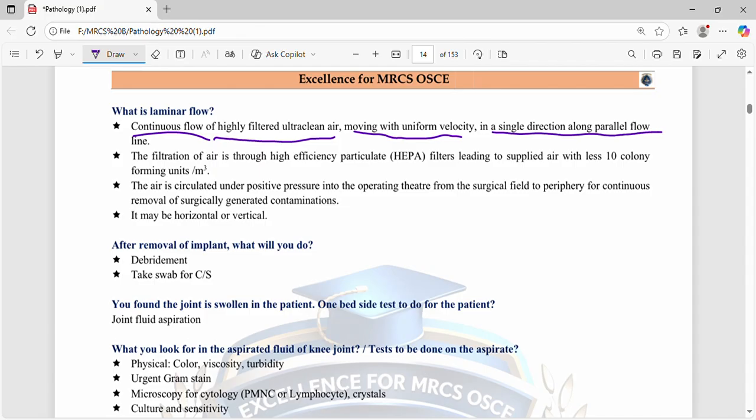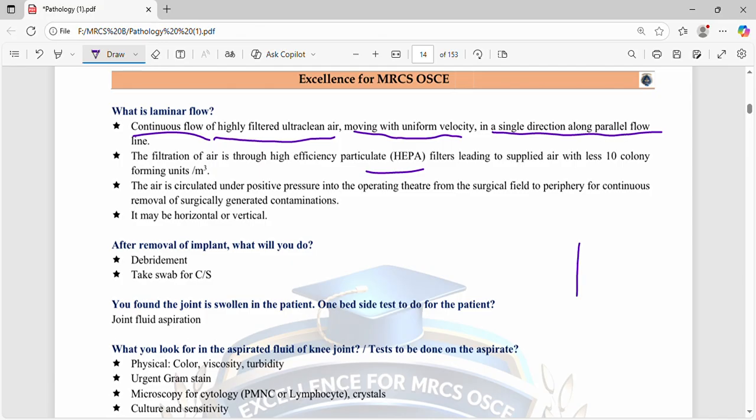The filtration of air is through high efficiency particulate air filters, leading to supplied air with less than 10 colony forming units per cubic meter. The air is circulated under positive pressure into the operating theater from the surgical field to the periphery.